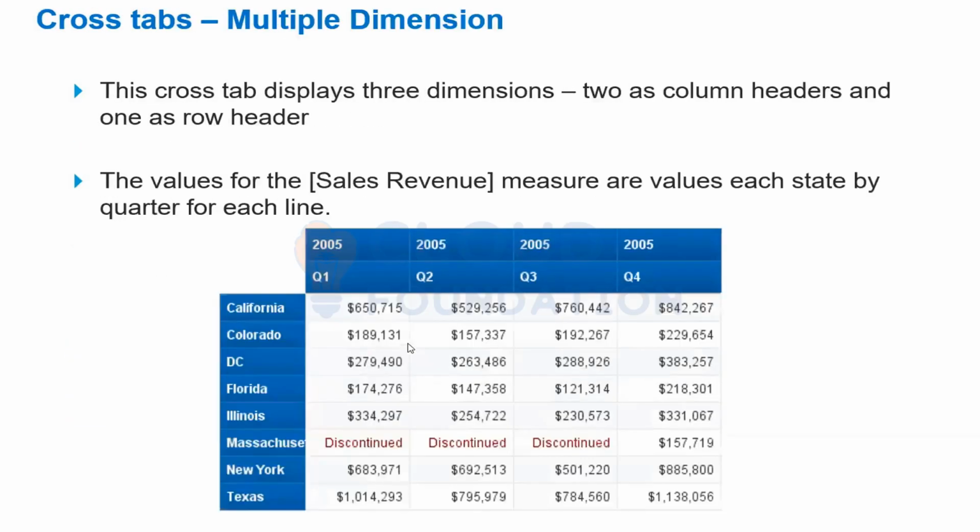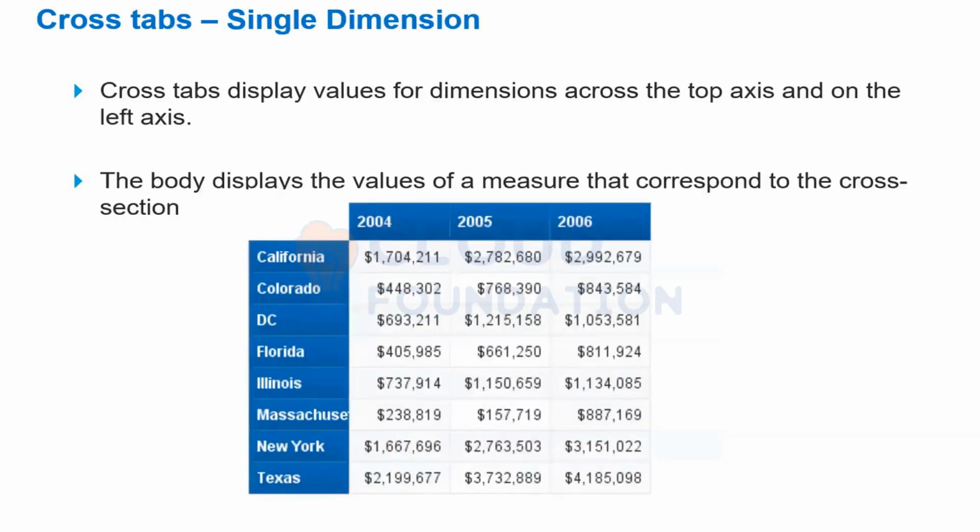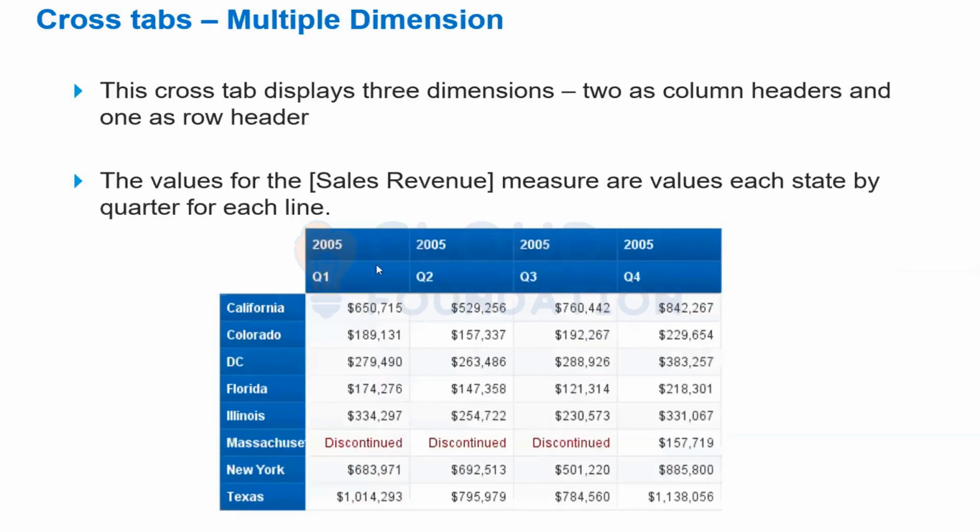We also have a crosstab for multiple dimension. If you see, here it is only showing year-wise single dimension. If you also include quarter in the columns, then this is year, this is quarter, this is state, and inside there is data getting displayed. It is a multi-dimensional crosstab.